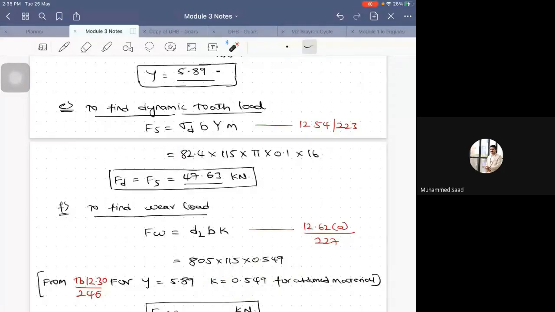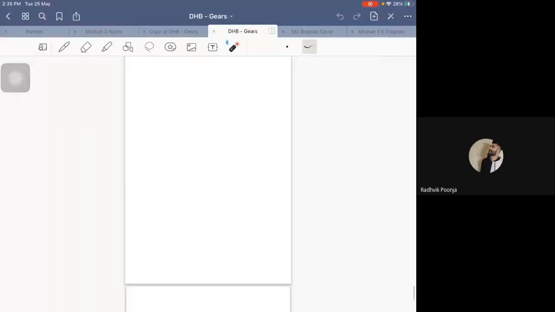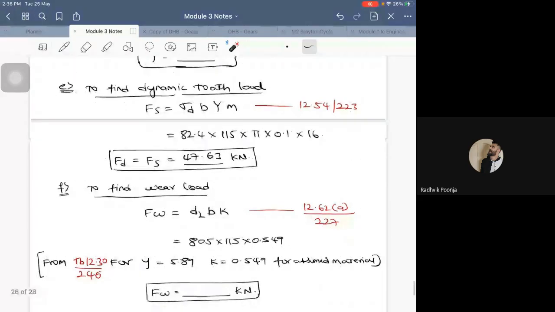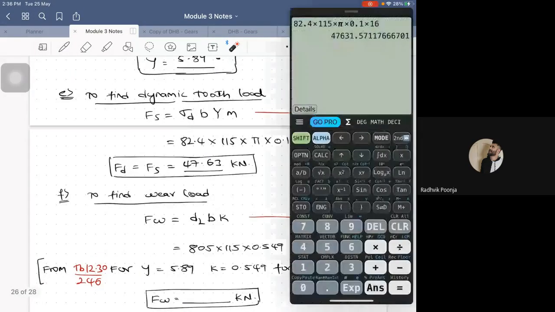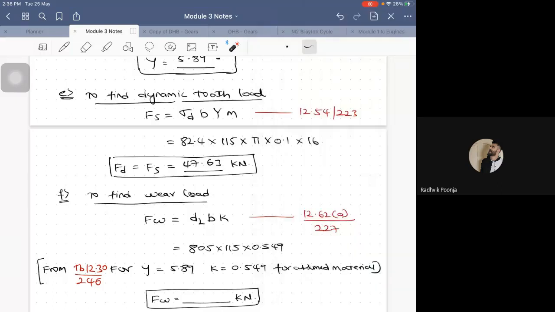Just check with the table now. Yes. So just calculate it. It is 805 cross 115 cross 0.549. So 50.82 is the value.